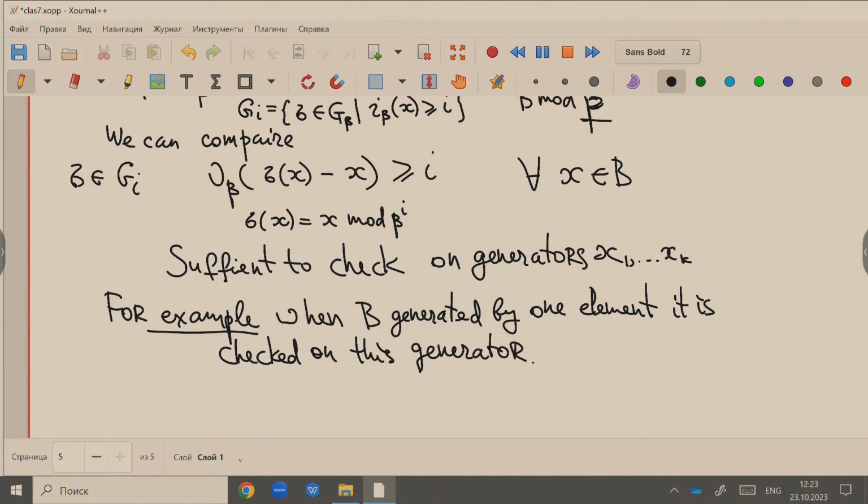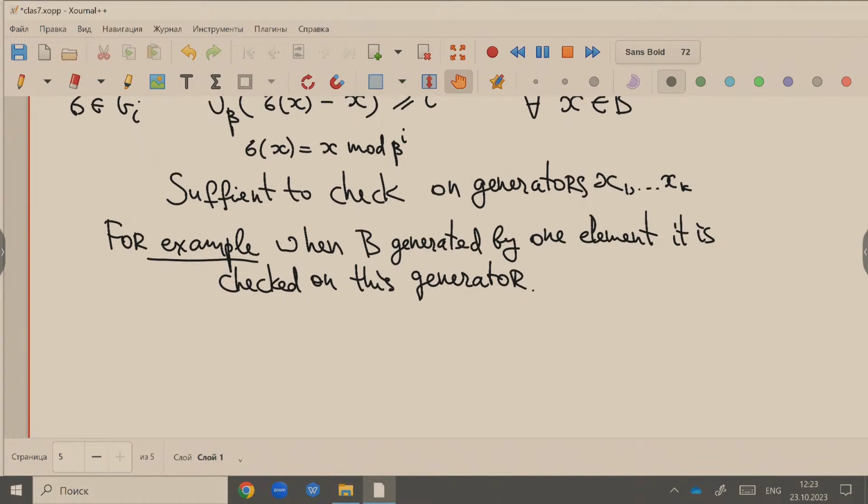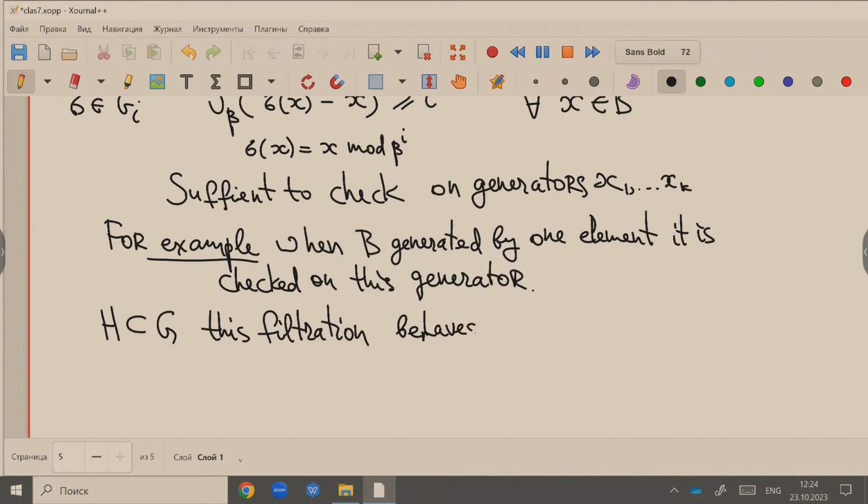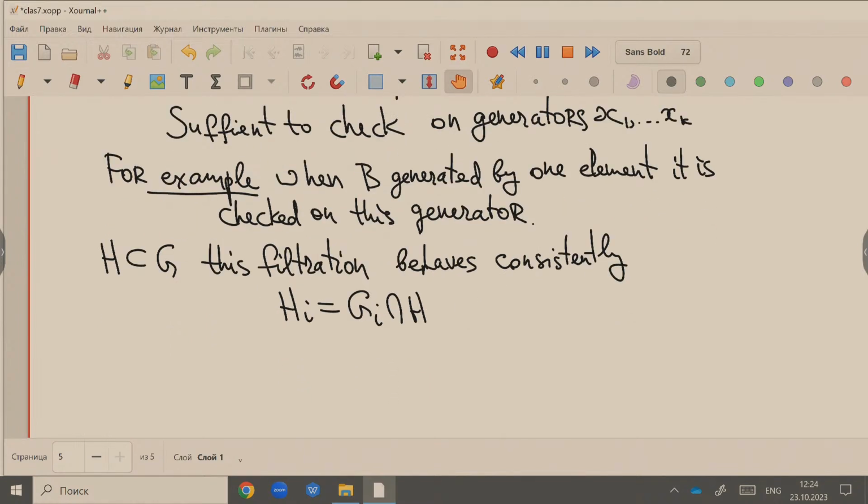So of course this filtration behaves well when you restrict it to a subgroup. When H is a subgroup of G, this filtration behaves consistently, meaning that if you want to define HI, it is just the intersection of GI and H. But the problem is that you have the filtration of the spaces, yes.